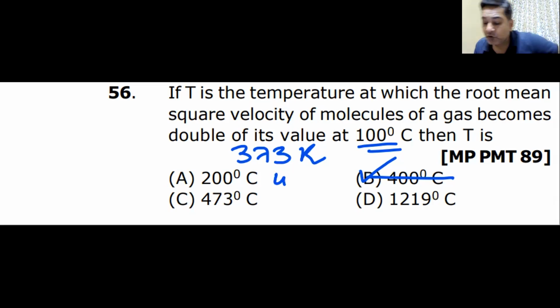It is option number 4, and the answer is 1219 degrees Celsius. Do we understand this? The question was given in degrees Celsius. We had to convert it into Kelvin. That was the only thing that we had to do here.